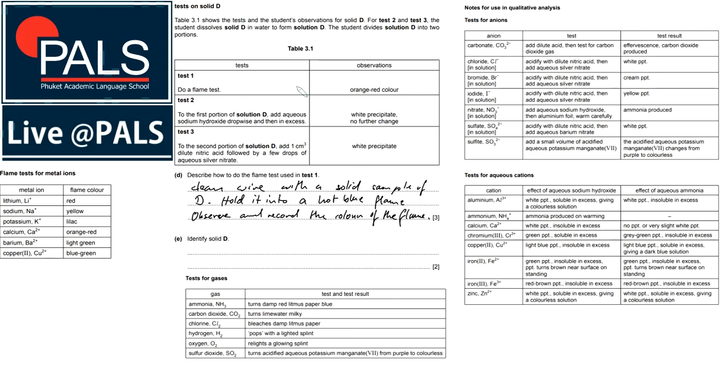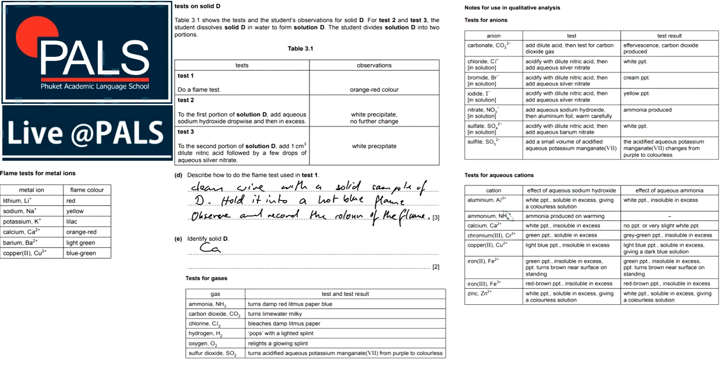Identify solid D, so let's check out the other tests. So we already know that we have a calcium ion in there. Test 2, the first portion of solution D, added aqueous sodium hydroxide dropwise, then an excess. So first we got a white precipitate and no further change, which means the white precipitate is insoluble in excess.